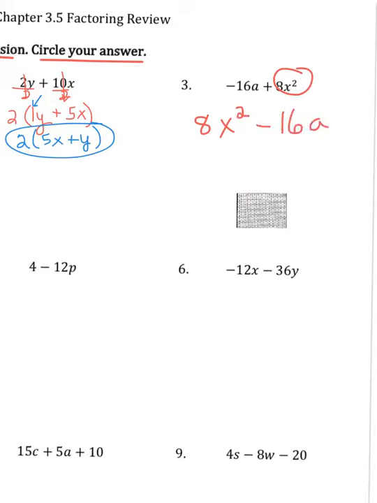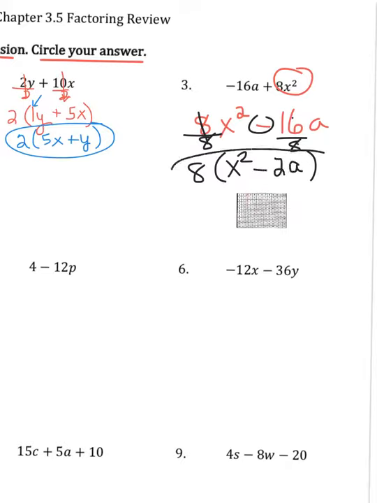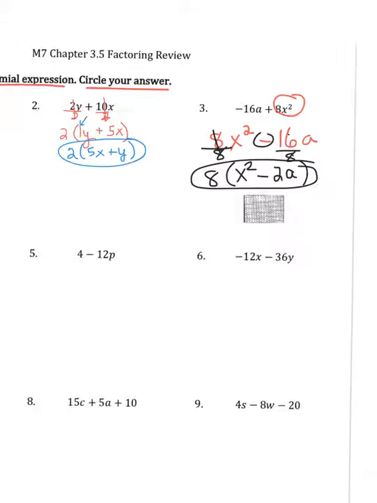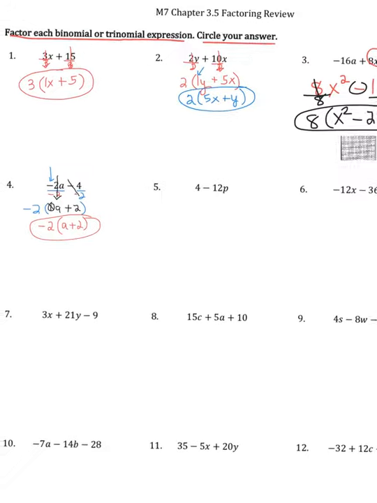And now I'm going to factor out that 8. So divide by 8, divide by 8. 8 divided by 8 is 1x squared. I don't have to write that 1. 16 divided by 8 is 2, but that's going to be, there's one negative sign, so negative 2a. So this is my simplified expression, or factored expression.